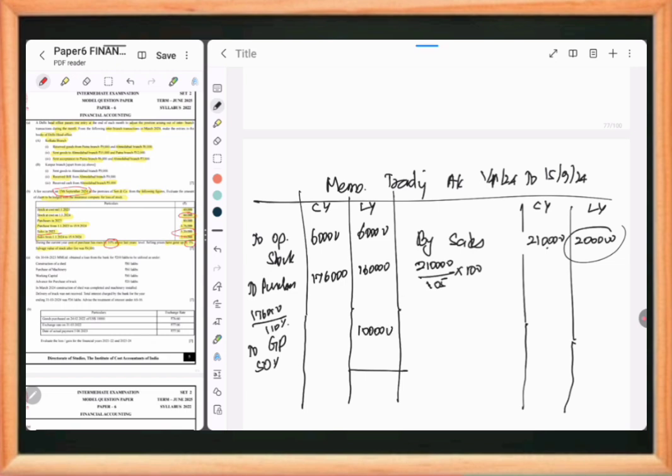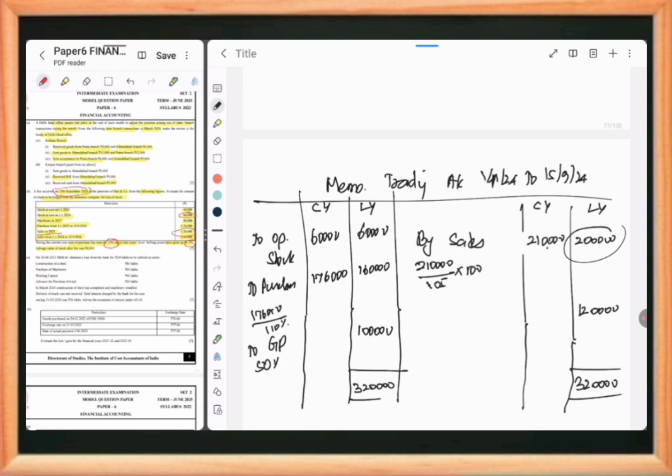Now if we balance, we can find out the closing stock. 60,000 plus 1,60,000 plus 1 lakh is 3,20,000. If we balance against 2 lakhs, that is 1,20,000.